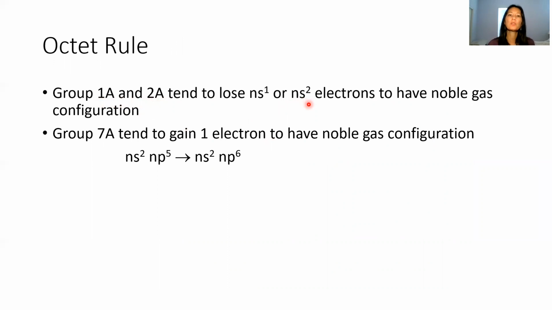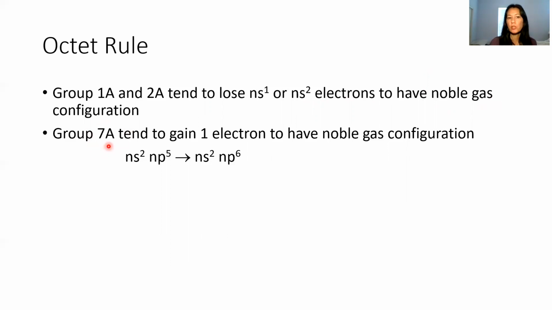So these guys will tend to lose their 1 or 2 electrons to go to the previous noble gas configuration. A lot of times we call that the octet, because unless it's helium, that outer shell will have a full octet, 8 electrons.